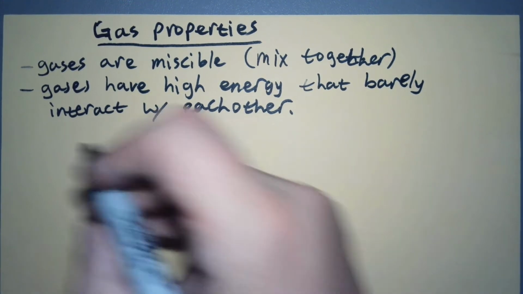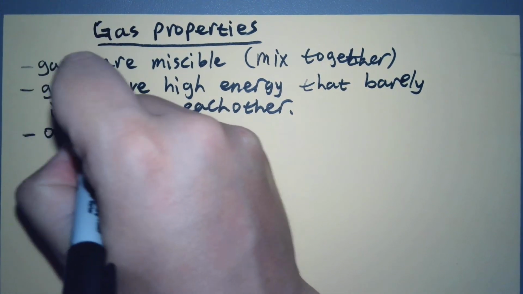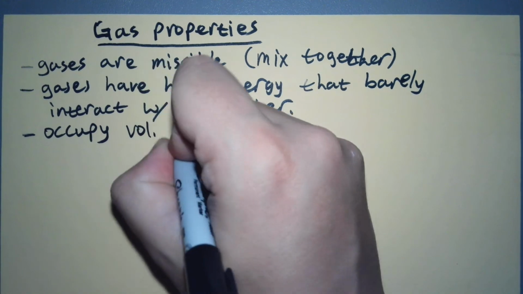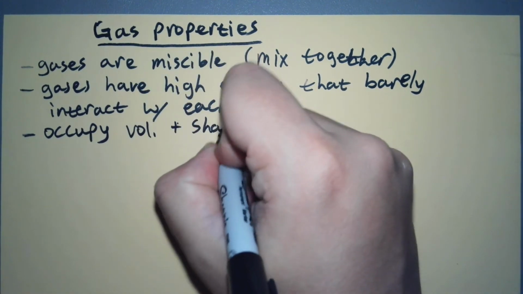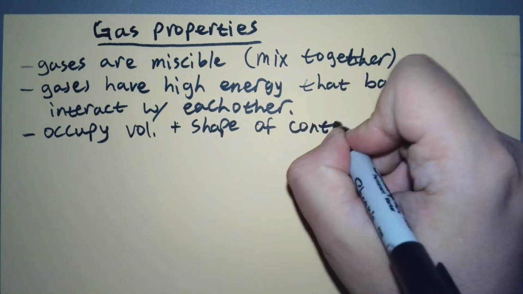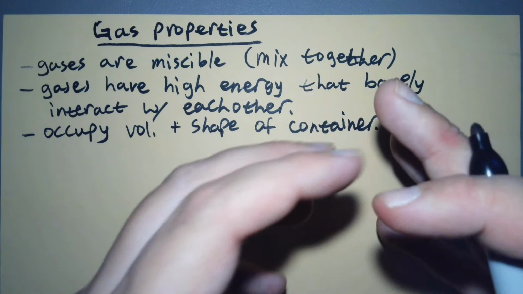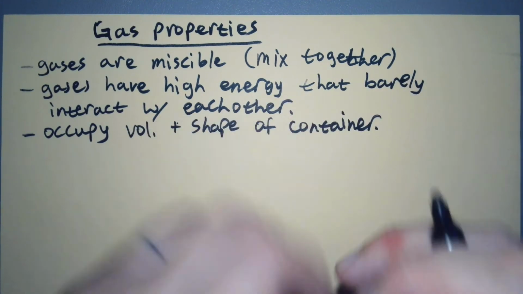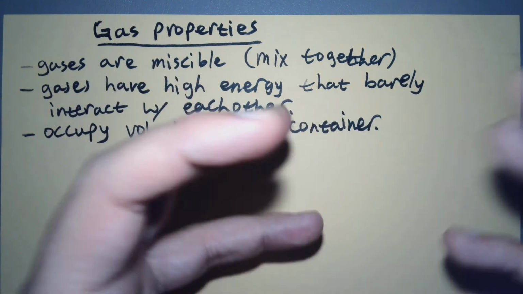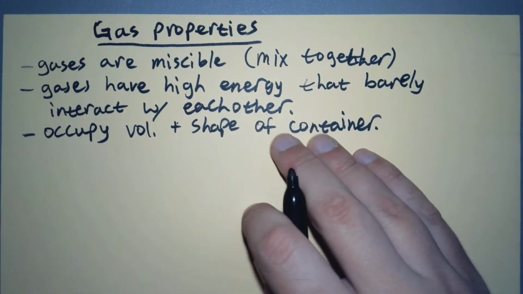And then, remember that they are going to just occupy the volume and shape of whatever container you put them in. So you have to have a closed vessel. You have to have something with a screwed on lid, or an enclosed piece of glass that you sealed off in some way to contain the gas.